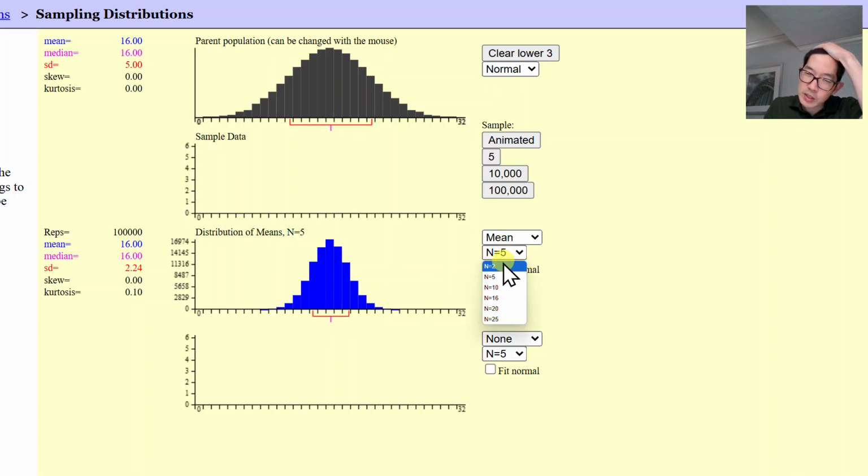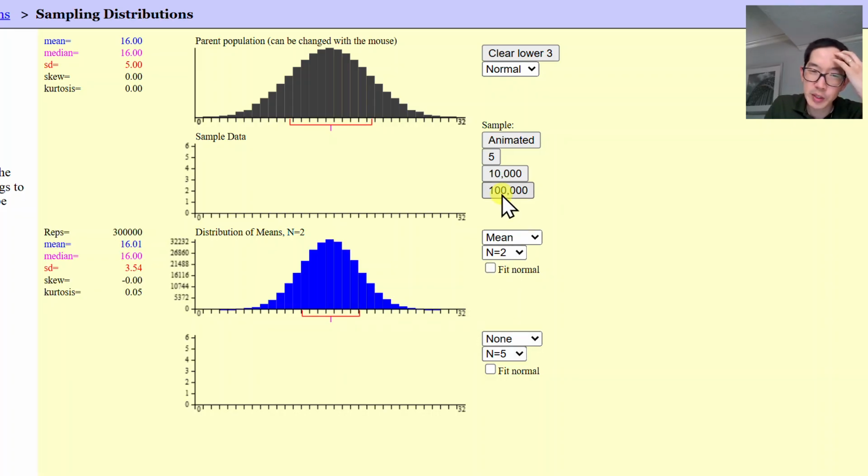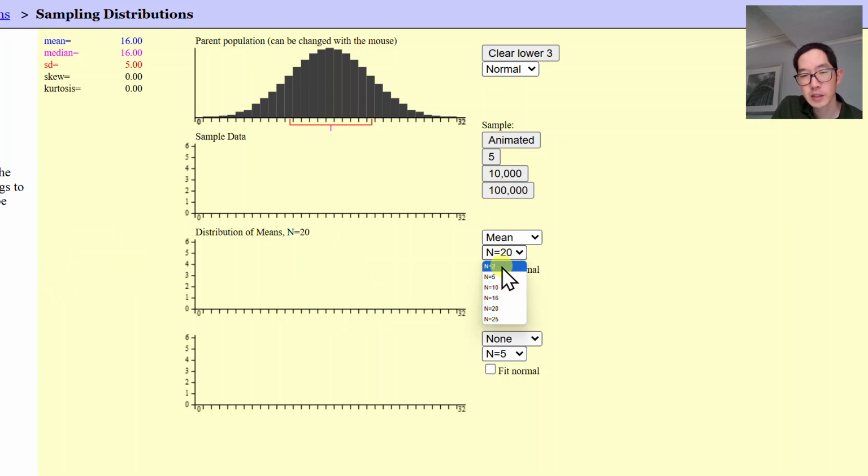So think about this. If I take a sample of only 2, I'm going to end up having quite a bit of spread. I'm going to have a standard deviation of 3.54. And the reason for that is when I take only samples of size 2, it's not that unusual. I just clicked animated. It's not that unusual for me to get 2 random values where both values are kind of low, and the average of those 2 values is down here.